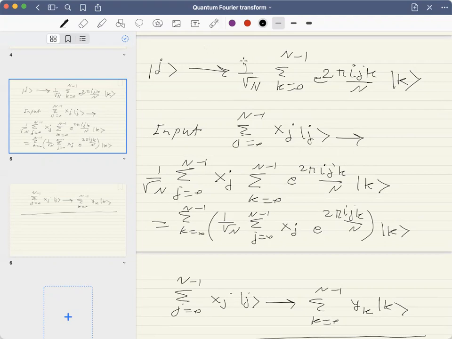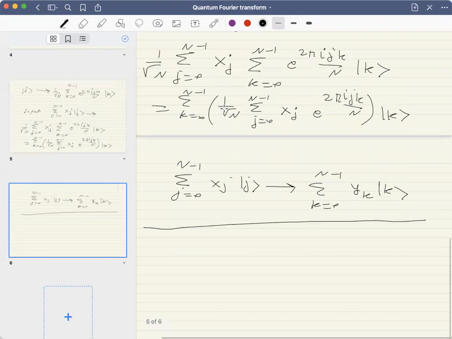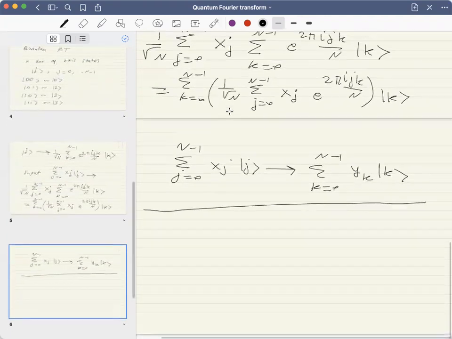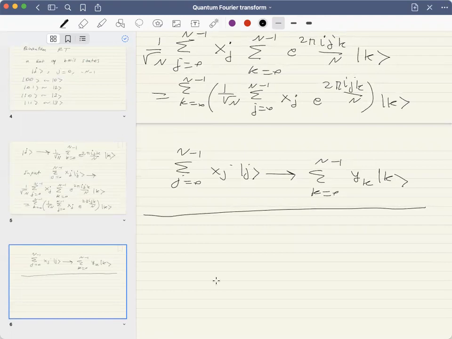So if we can show that all of these superpositions are orthonormal, if the k's are orthonormal, then we've shown that the transformation is unitary. So it doesn't change the normalization, and it just generates another orthonormal basis.